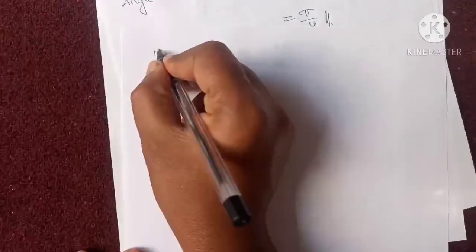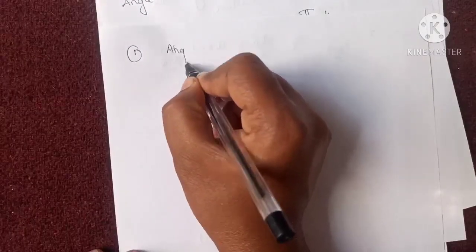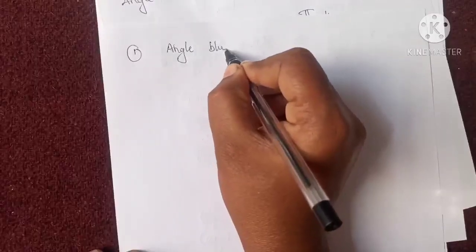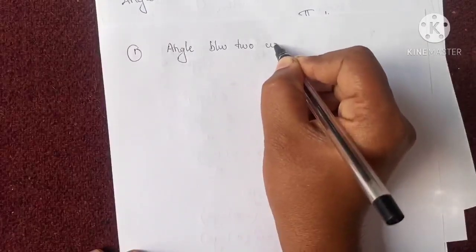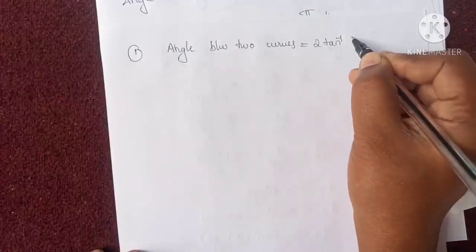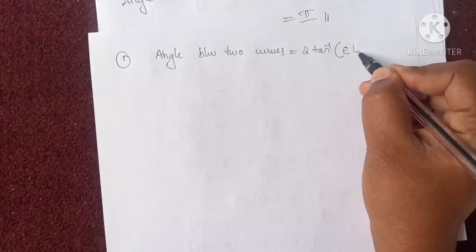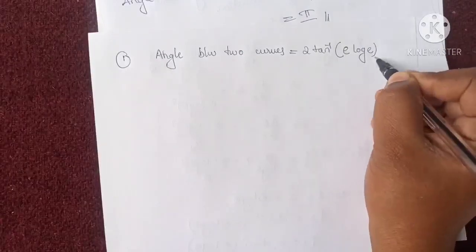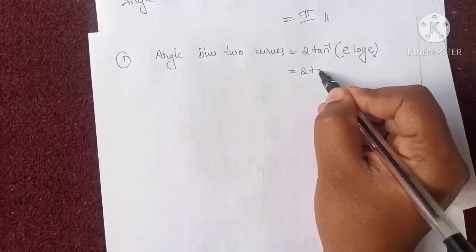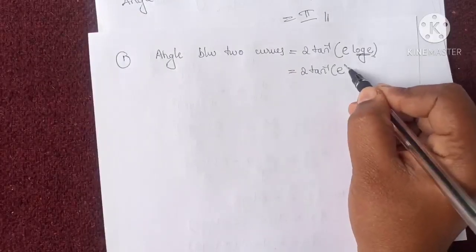Therefore equation 1, the angle between two curves, is equal to 2 tan inverse of theta log theta. The theta value is e, so e into log of e. We know that log e equals 1, therefore we get simply e.